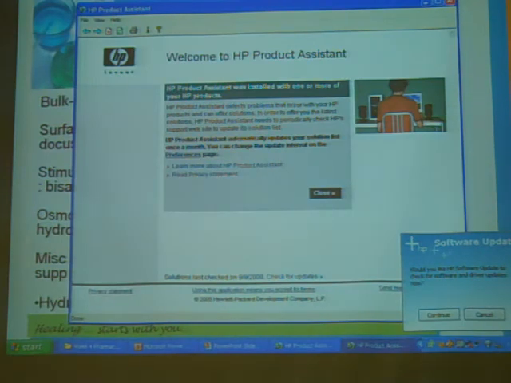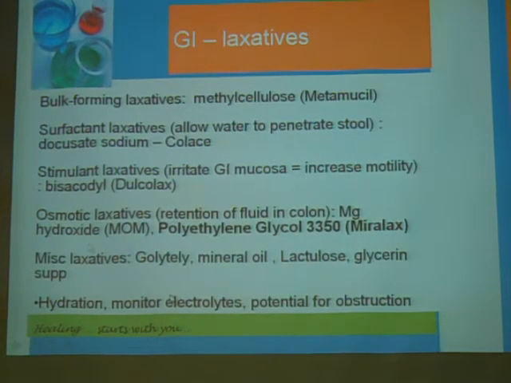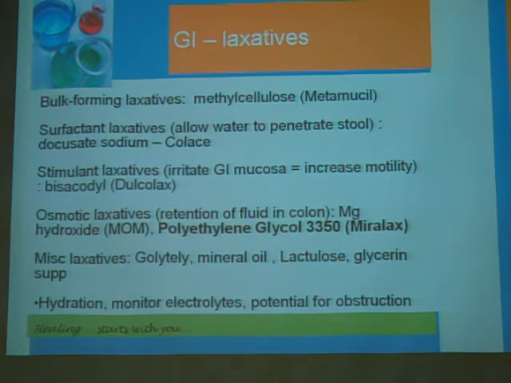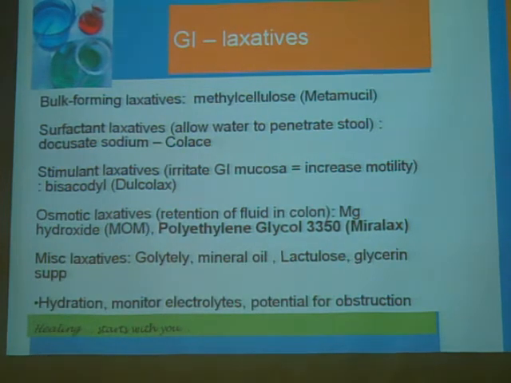Yeah. Unfortunately. And then my other question was the magnesium citrate. Where does that fall in? So magnesium citrate is a magnesium, so it would be very similar to your milk of magnesia, except magnesium citrate is even stronger. It doesn't irritate, but it draws water so much faster than your milk of magnesia.